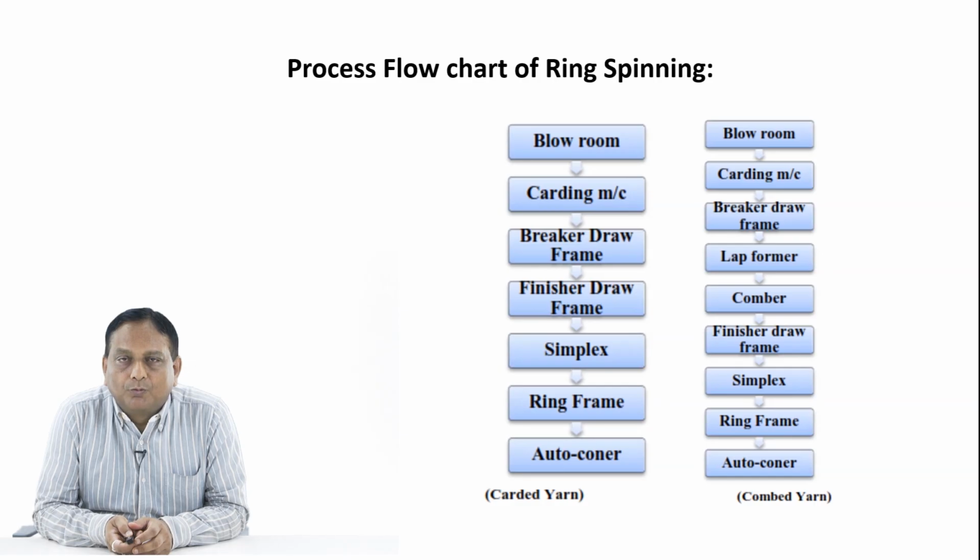Now in case of combed yarn: blow room, carding machine, breaker draw frame, lap formation, then comber is an additional process, and then comes the finisher draw frame, simplex, ring frame and autoconer. So two different flowcharts for the carded yarn processing and combed yarn processing in case of ring spinning.